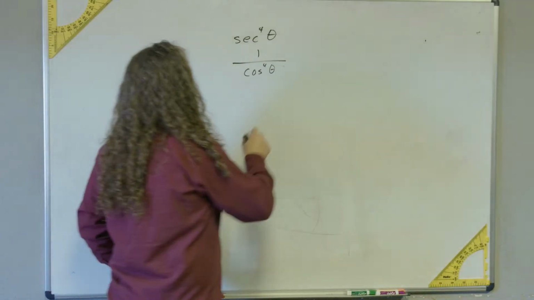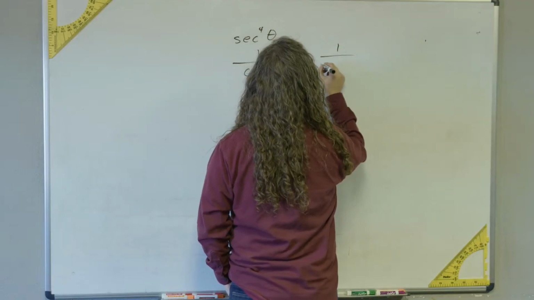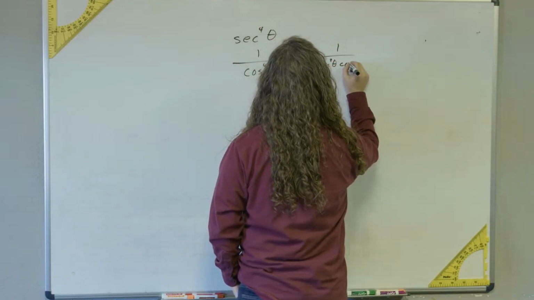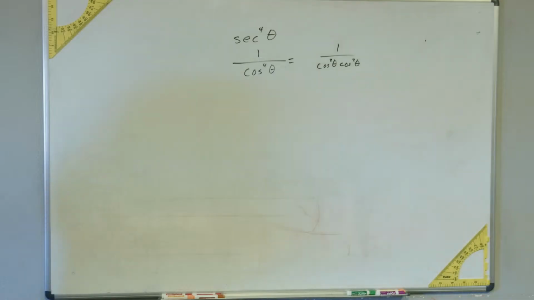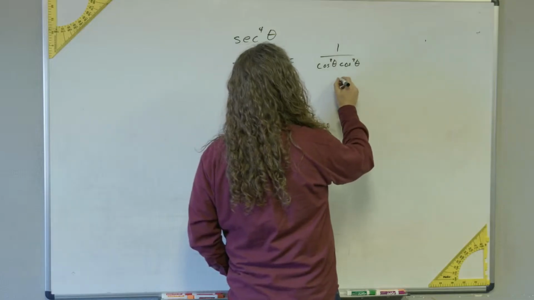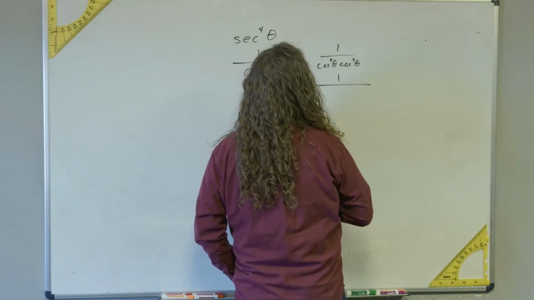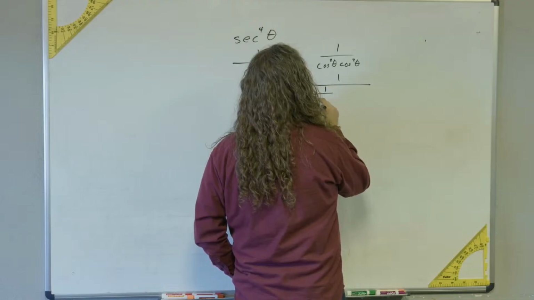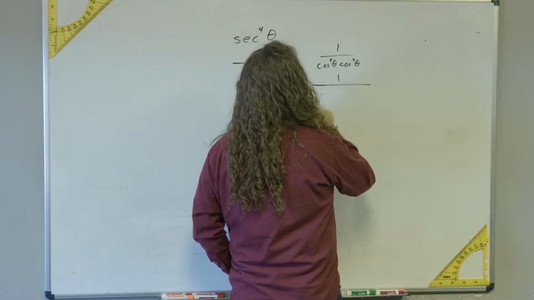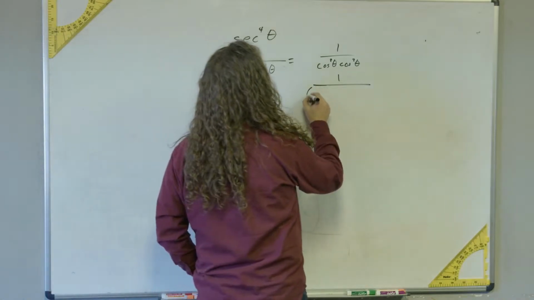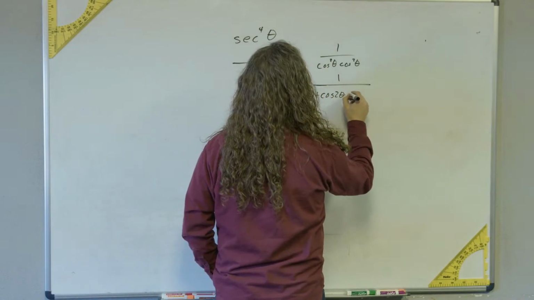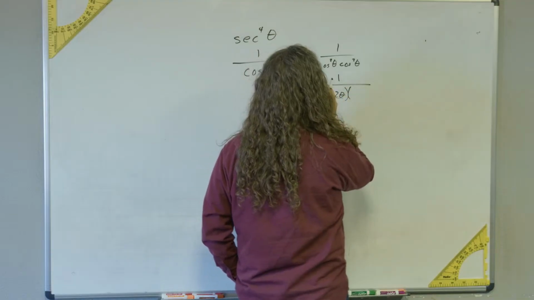Then I changed each into the equation that we learned, 1 plus cosine 2 theta over 2. And then the same thing for the other one.